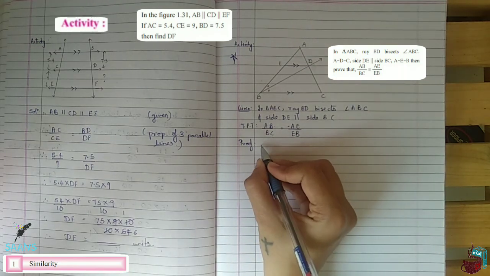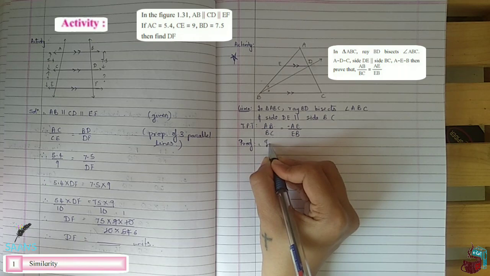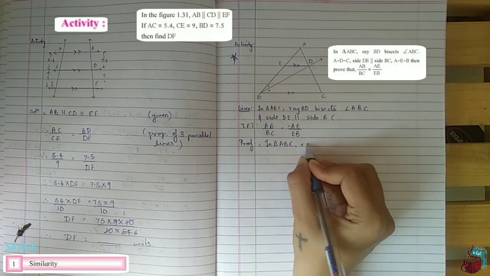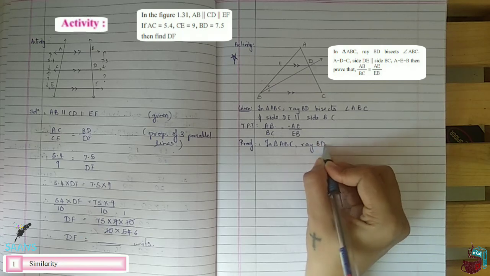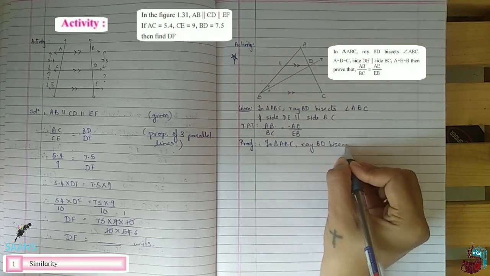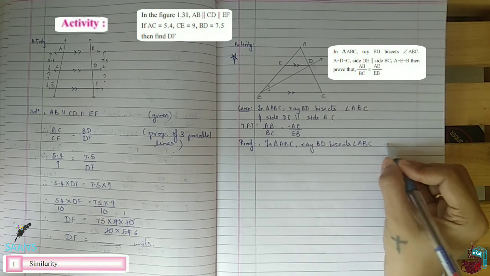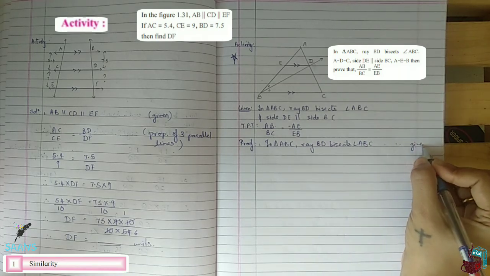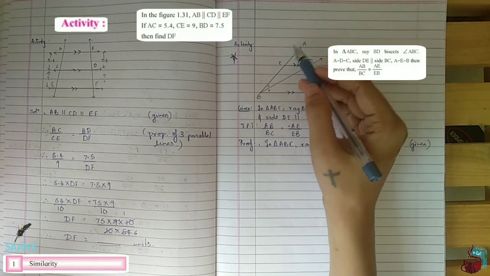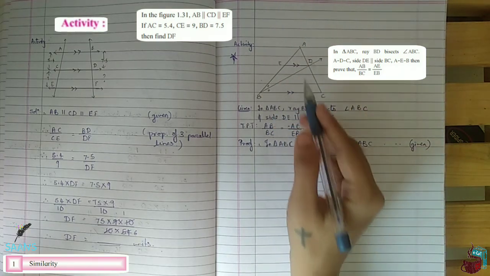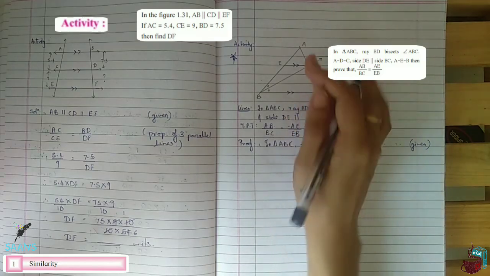Okay, first we will apply the ray. In triangle ABC, ray BD bisects angle ABC. Apply. Okay, that is given. Apply the property now. Forget that ED exists.